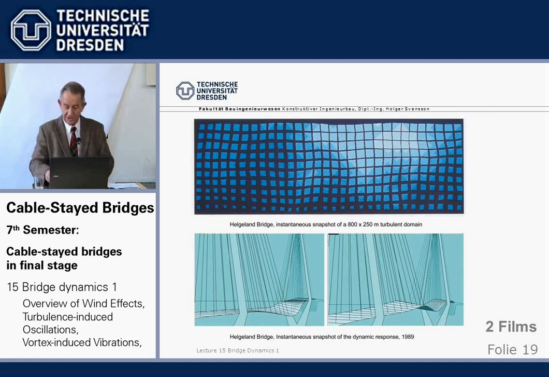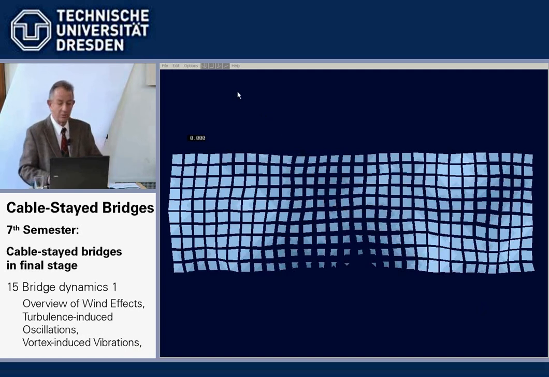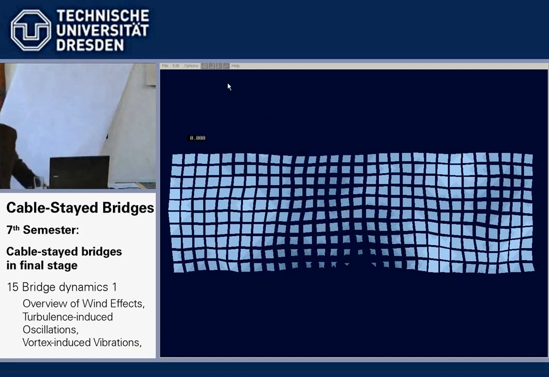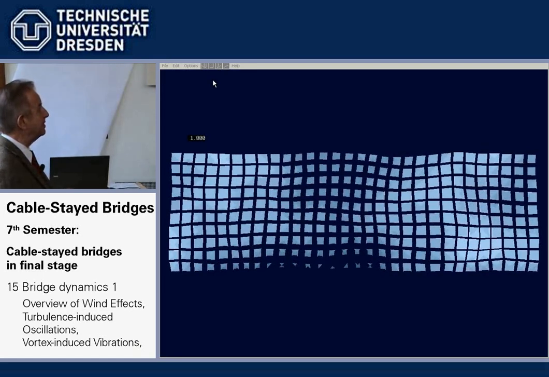And we show now a film of how this was done by Kovacs for the Helgeland Bridge, which had an extreme wind climate. Here we see, first of all, just the generation of a wind field with the same mean speed and turbulence characteristics.